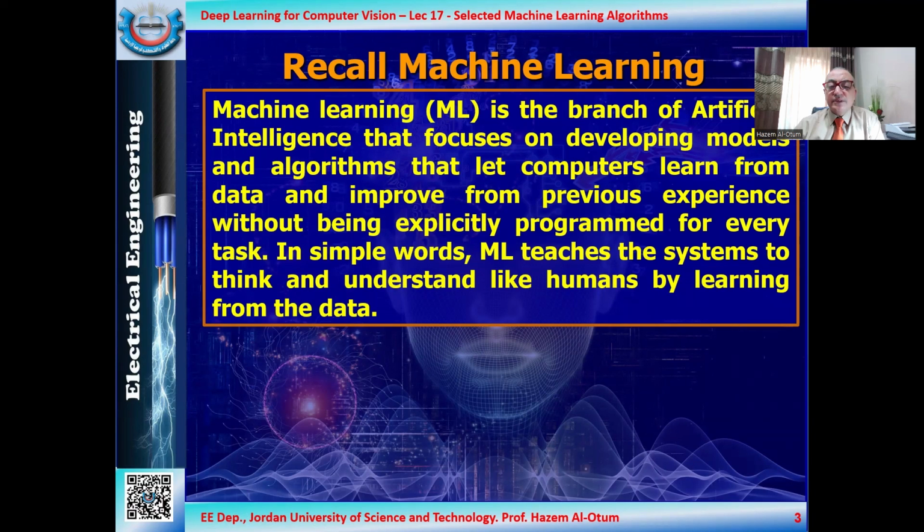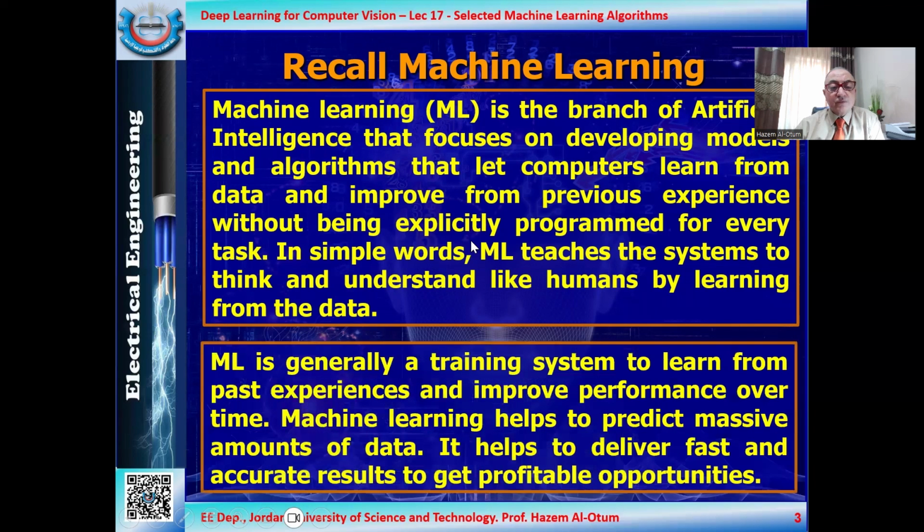And this means that we can develop learning algorithms that teach the system itself, and it looks like it has its own thinking and understands like the human, and it mimics, let's say, human thinking procedures.